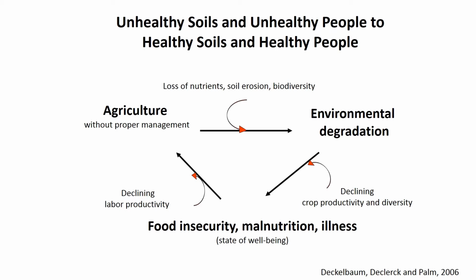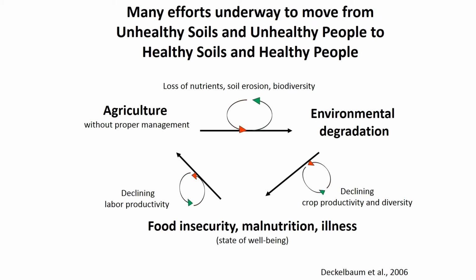In this case, we'll talk about nutrients, not enough being added. Loss of nutrients increases soil erosion, loss of biodiversity, you degrade the environment. You have declining productivity and crop diversity. You have food insecurity, malnutrition, which leads to illness, which then gives declining labor productivity, less management of your agricultural fields, and just this vicious, vicious cycle.